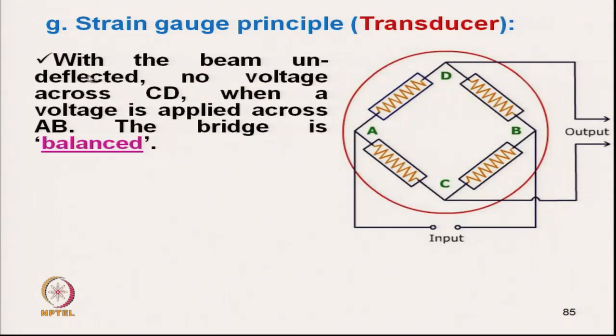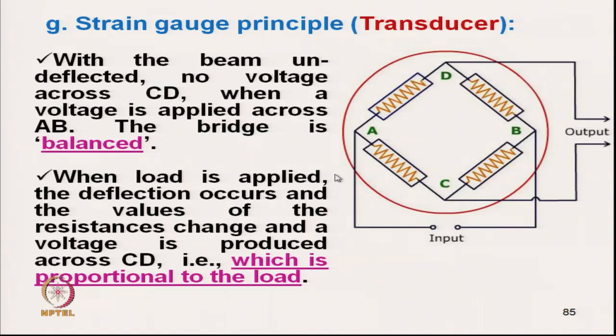With the beam undeflected, that is, when the beam is not deflected, there is no voltage across CD. When a voltage is applied across AB as the input, there will not be any output voltage because the Wheatstone bridge is balanced.